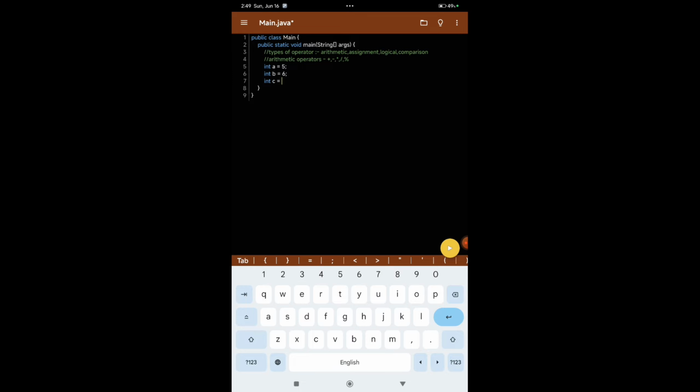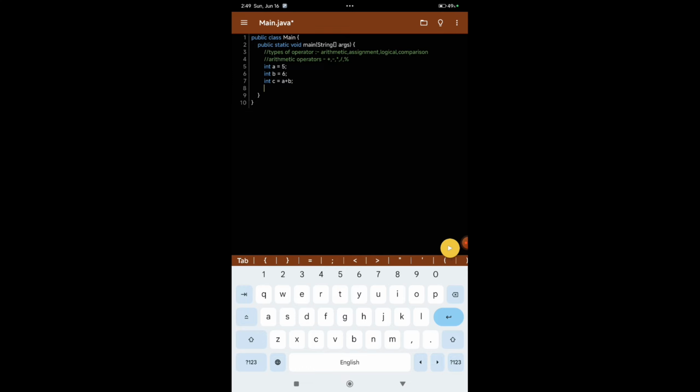Now I will assign here values that contain operators. These are simple. You have to write here 5 plus 6. It's a common form, but to use the operator, simply write a plus b semicolon.